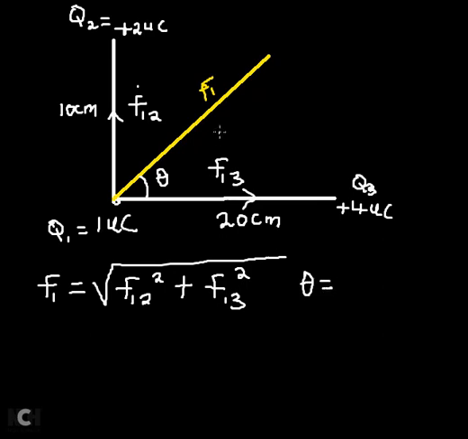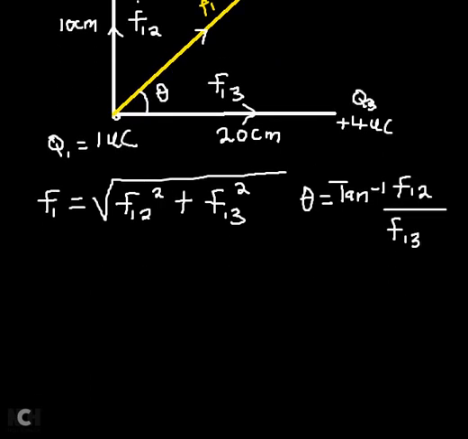The direction of F1 is also gotten by evaluating the tan inverse of the vertical force F12 divided by the horizontal force F13. All right, but first let's get the resultant in magnitude. So let's get F12, the force.